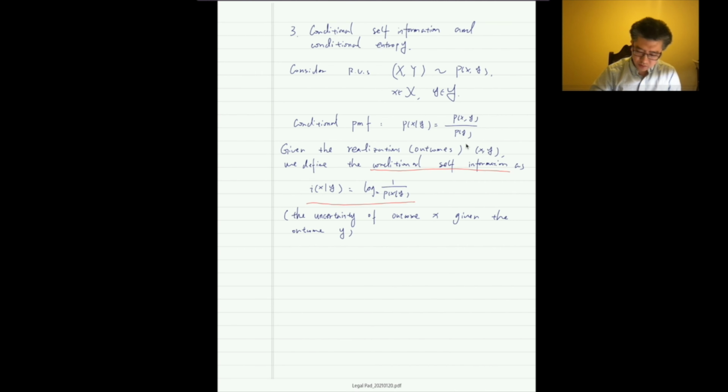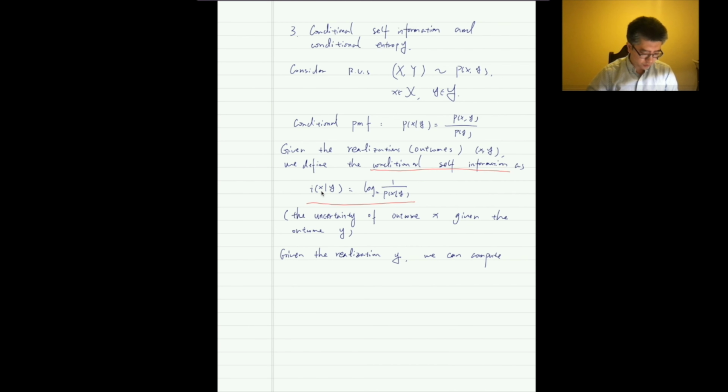Now let's fix y, given the realization y. This is lowercase y, so it's just a number. If that happened, then we can compute the average of this guy where X is the random variable.